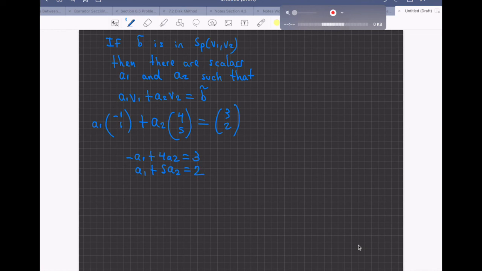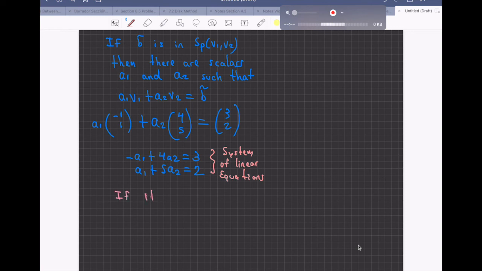You are going to end up in this kind of exercises with a system of linear equations, all right? And what you have to do is solve it.